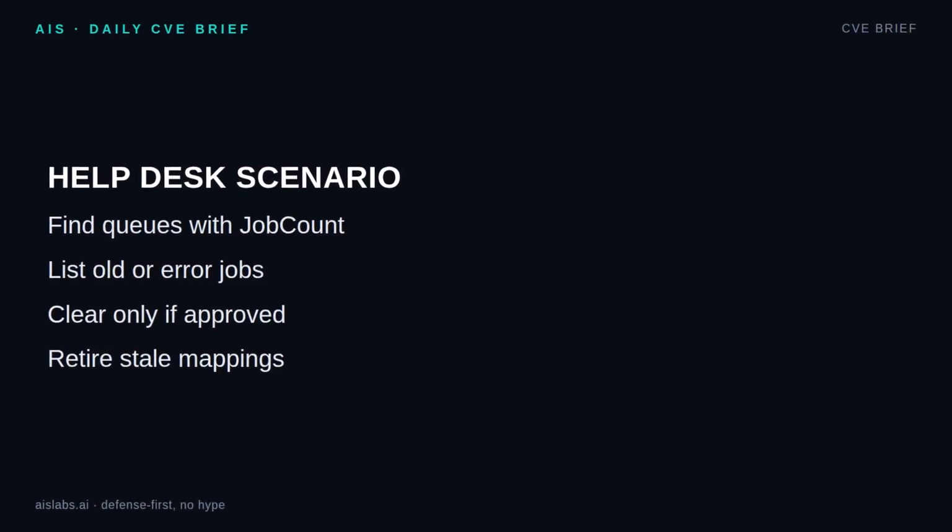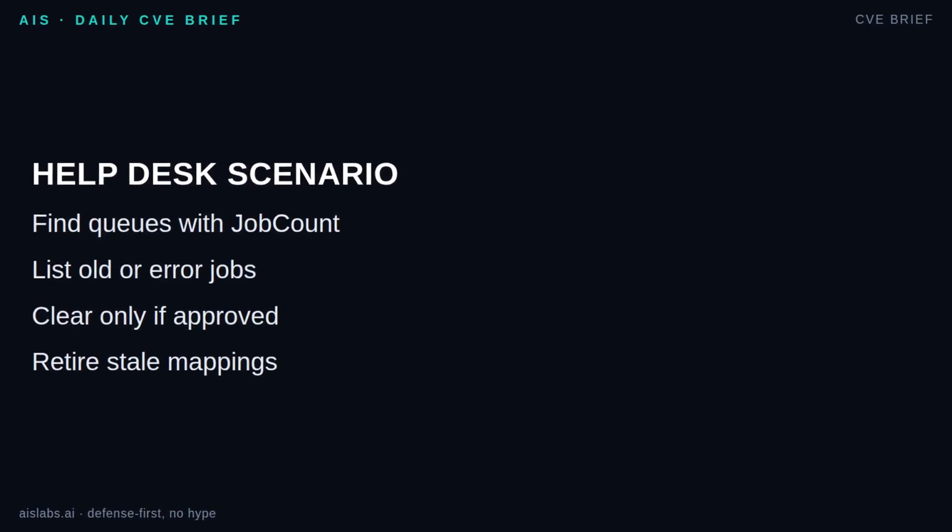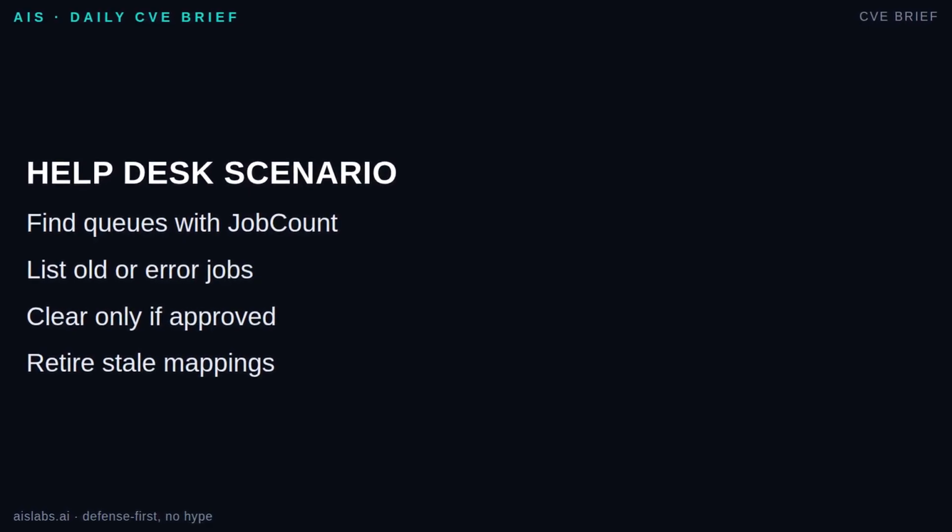Here is a real help desk style ticket. Remote site says nobody can print after a network outage. You have 2 print servers, PRINT01 and PRINT02. First, inventory both. For each server, run Get-Printer -ComputerName server and sort by job count descending. You see shipping-labels has 63 jobs and printer status says error.